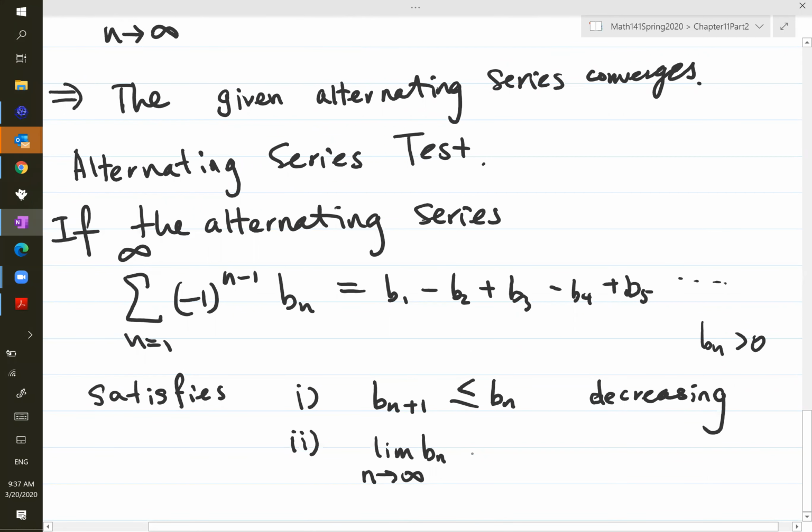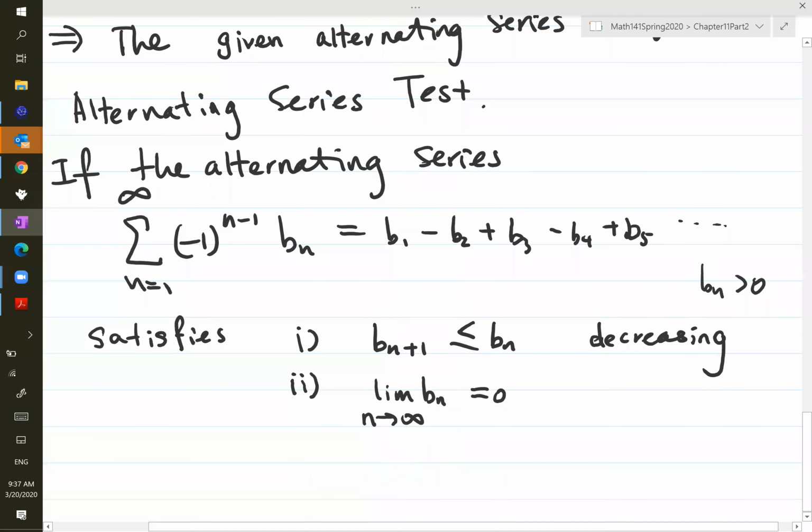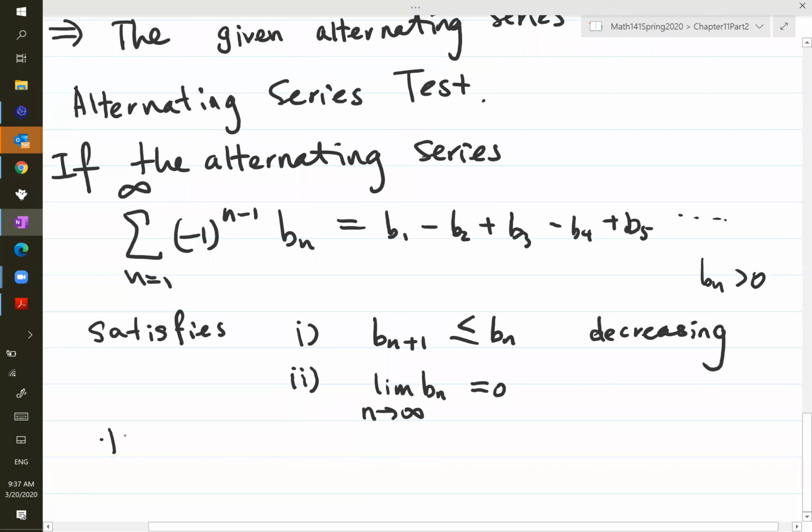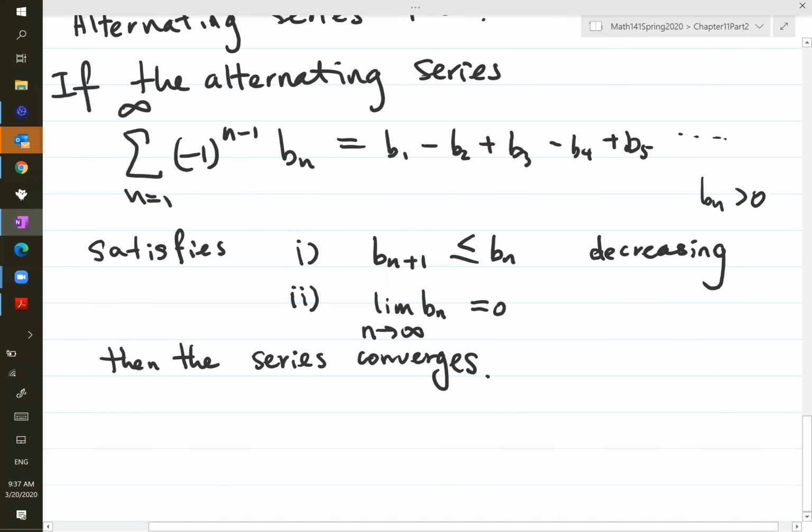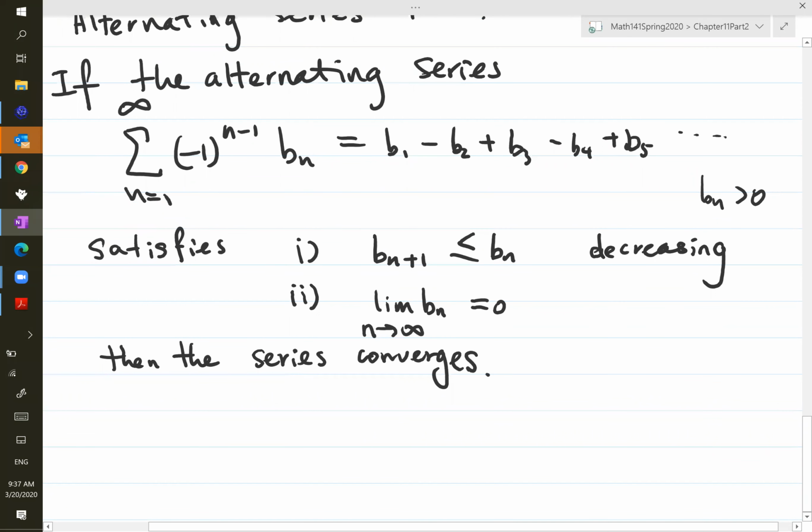Then we can conclude the series converges. Let's see some examples.